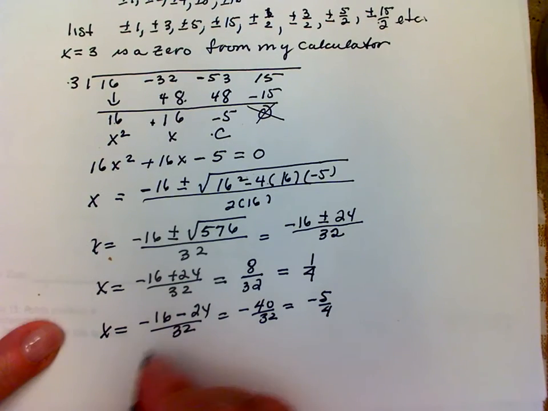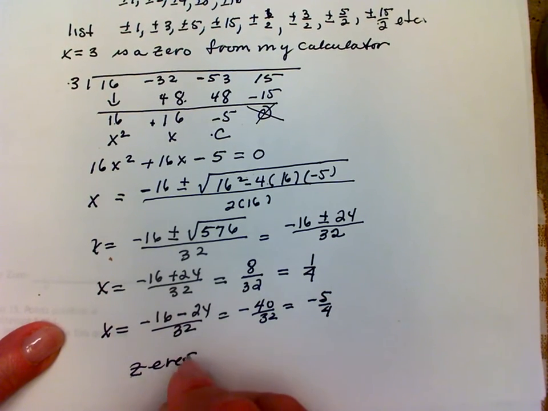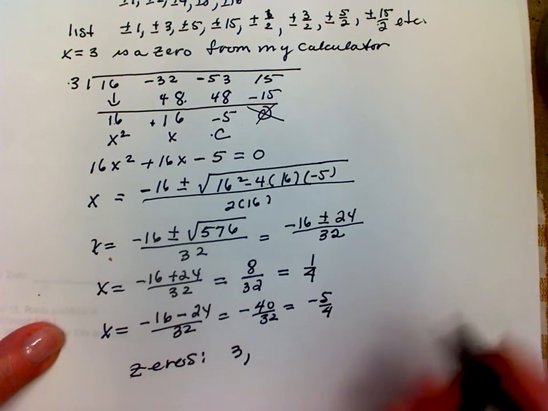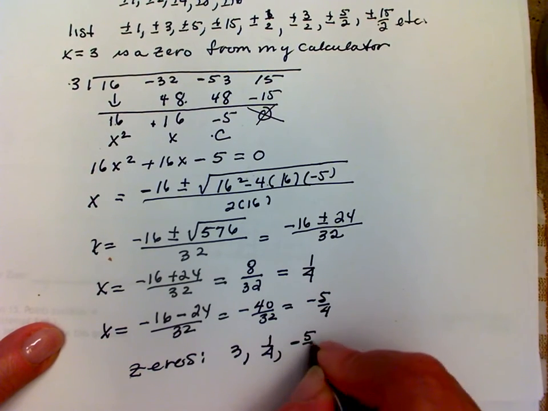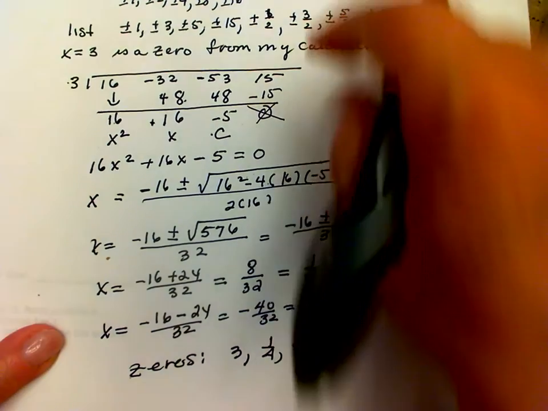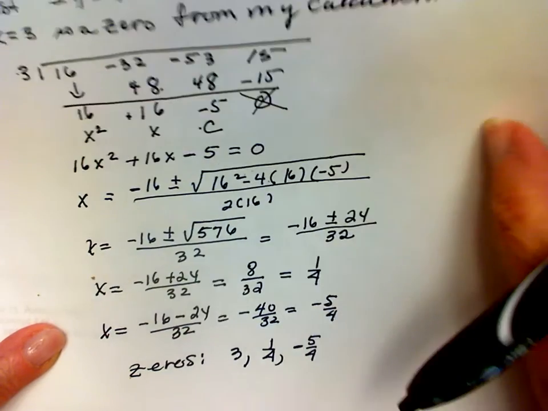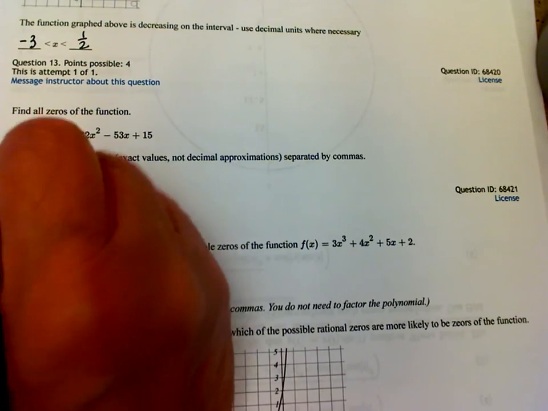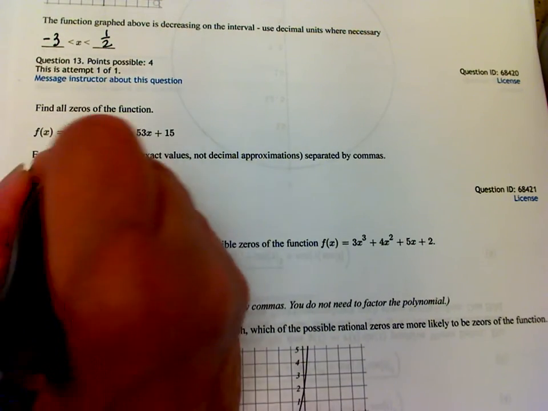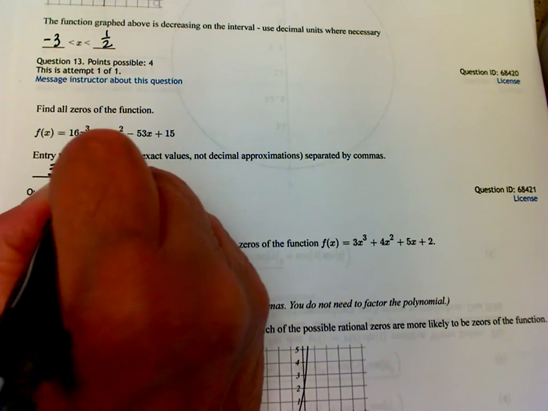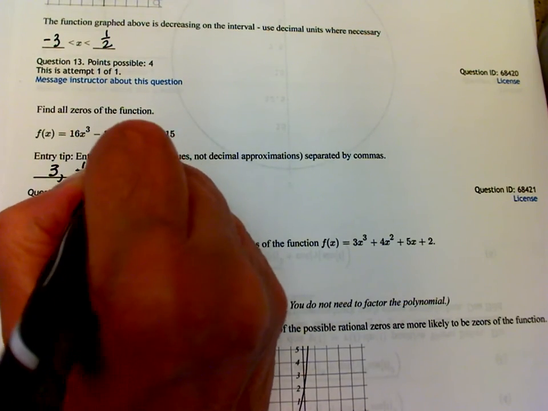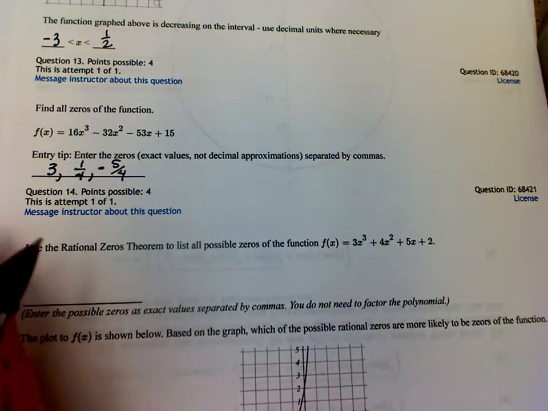So I have 3 zeros, 3, 1/4, negative 5/4. So transfer that over to my answer. On my answer blank, I'll have 3, 1/4, negative 5/4.